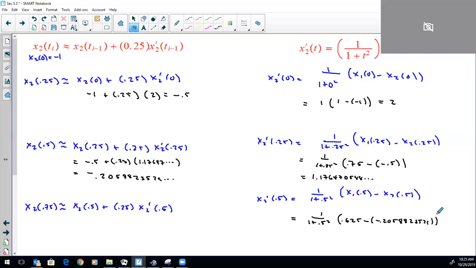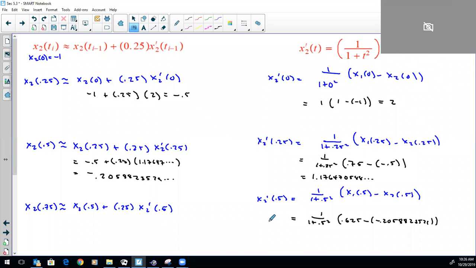Okay, so I keep hitting wrong buttons on my calculator, so I have to pause a minute. Okay. This is 0.66470588823. Okay.